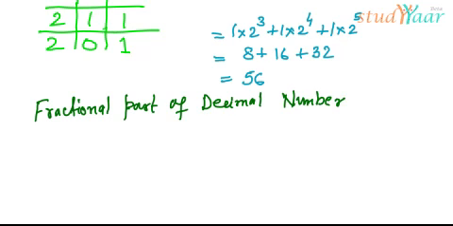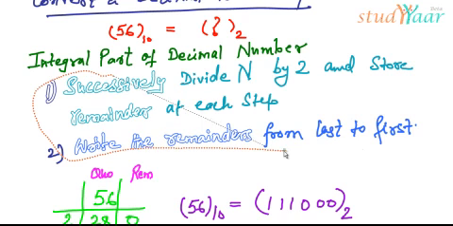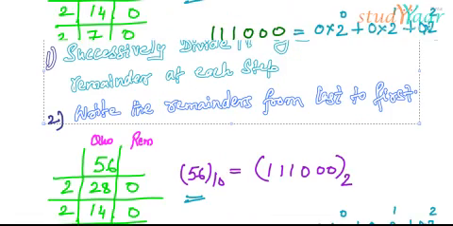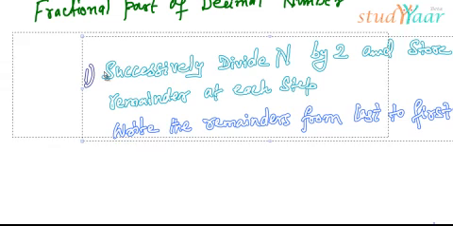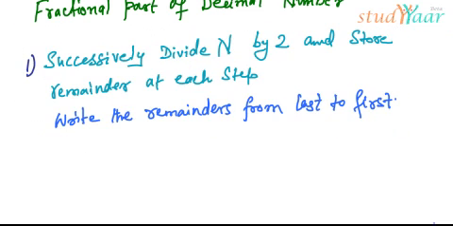The process is very similar, so I am going to copy these steps. I have it pasted over here. My first step earlier said successively divide n by 2 and store the remainder at each step.